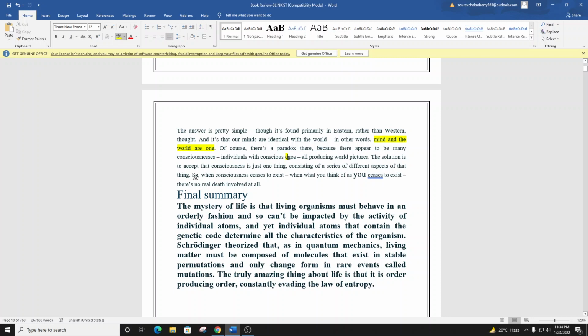The solution is to accept that consciousness is just one thing, consisting of a series of different aspects of that thing. So, when consciousness ceases to exist, when what you think of as you ceases to exist, there's no real death involved at all.